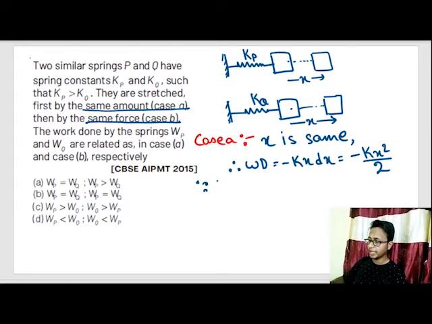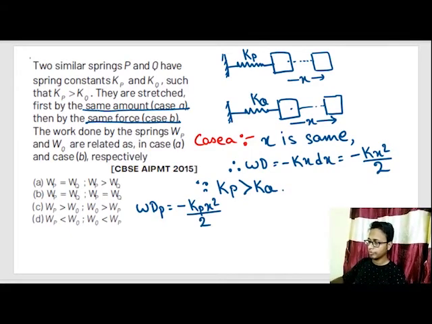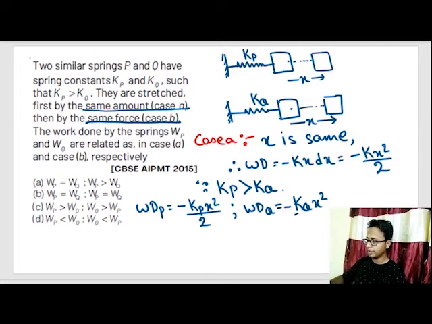Because we know that Kp is greater than Kq, work done by P is equal to minus Kp x square by 2, and work done by Q is equal to minus Kq x square by 2.